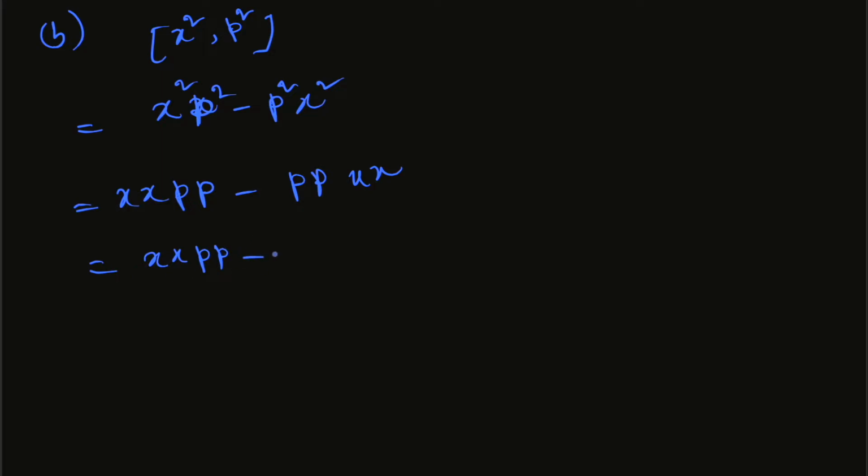So let us add some terms and simultaneously subtract these terms. Let us add x p x p. We have to add this term x p x p. Now subtract p x x p. We have to add this term again, p x x p.